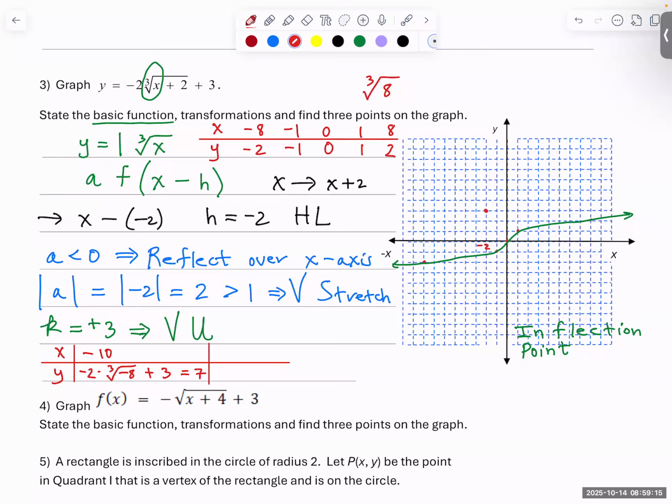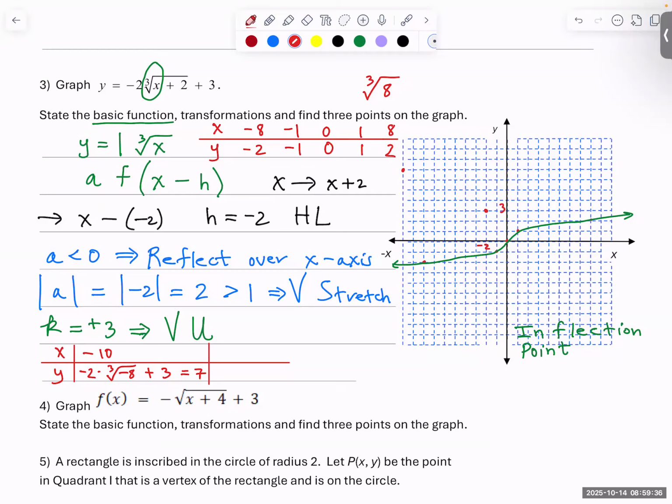So we have a point at x is negative 10 and y is 7, about here. And we have the new inflection point at negative 2, positive 3.